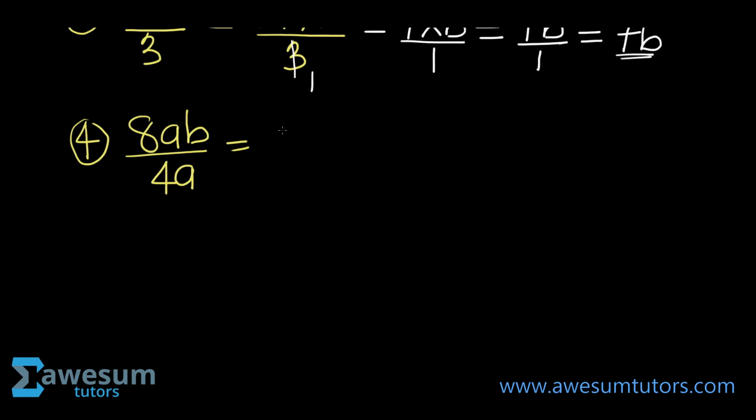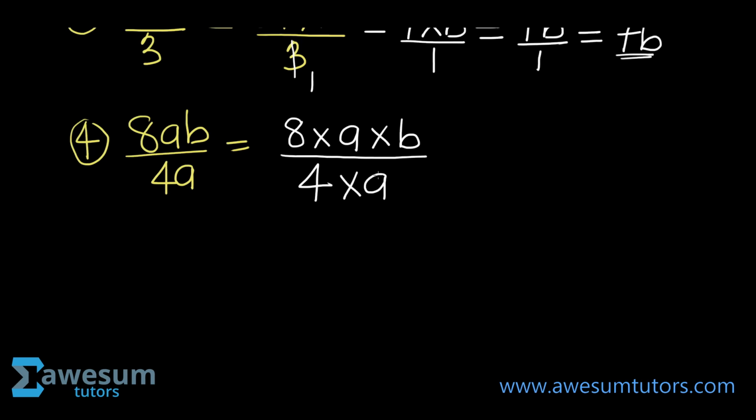So this can also be rewritten as 8 times a times b, over 4 times a. Very good, guys, very good. Now let us see what we need to do to simplify.